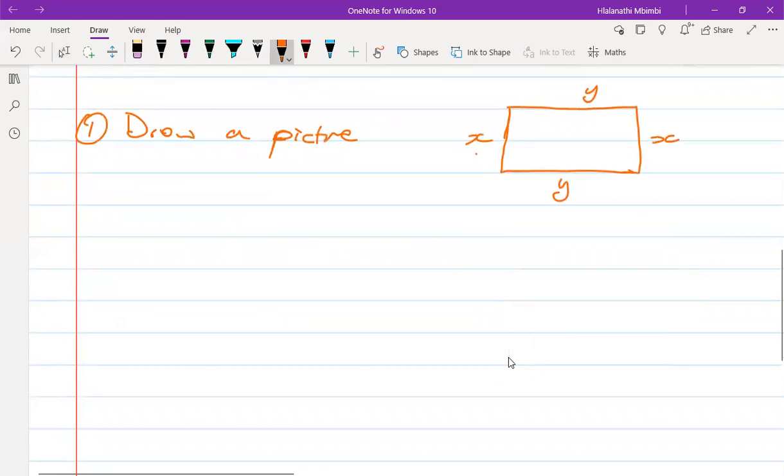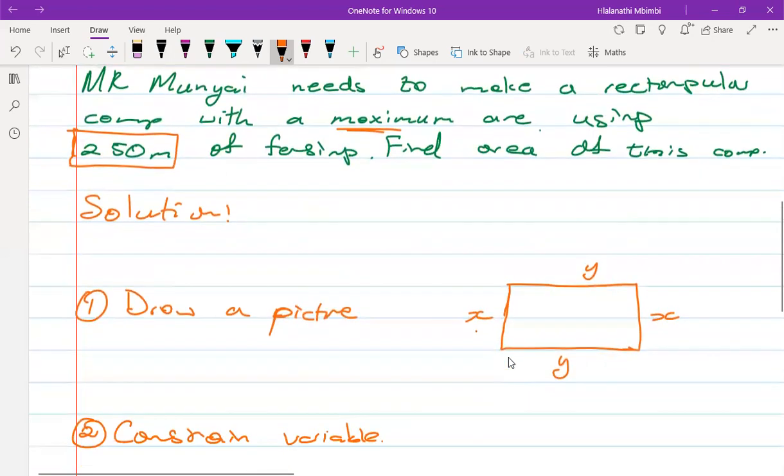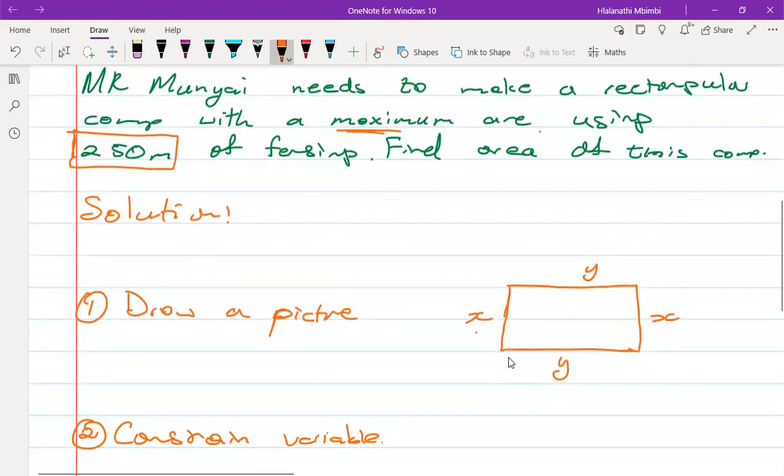Number 2, look at your constraint variable. Now, what's your constraint variable? Mr. Munyai, you can make a fencing using only so many meters long. So the idea of a maximum is that it needs to be maximum based on what he has.